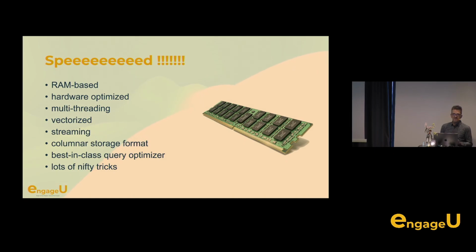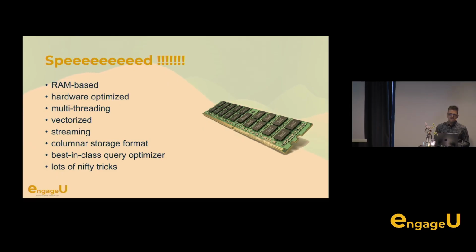They are some of the best database engineers in the world that designed this engine. They do multi-threading. If you have a modern CPU in your laptop with 16 cores, you can make use of it. They have a vectorized streaming approach so that they can process data that is larger than memory very efficiently and reliably.